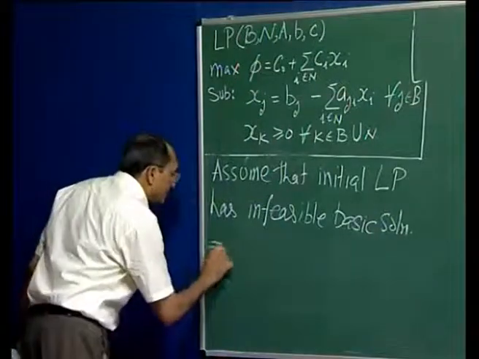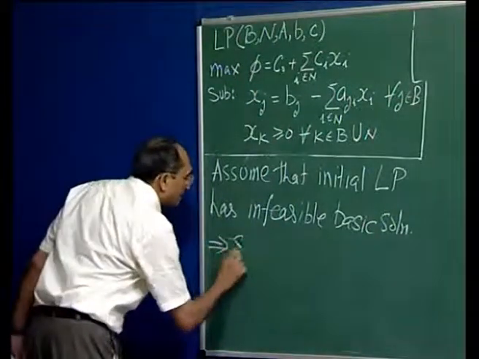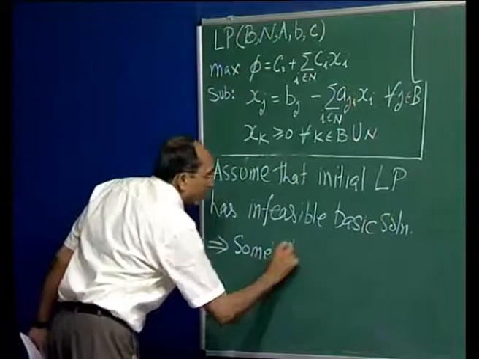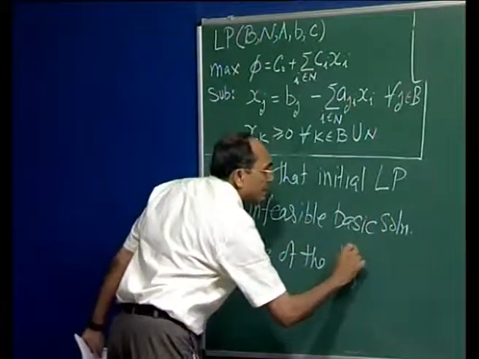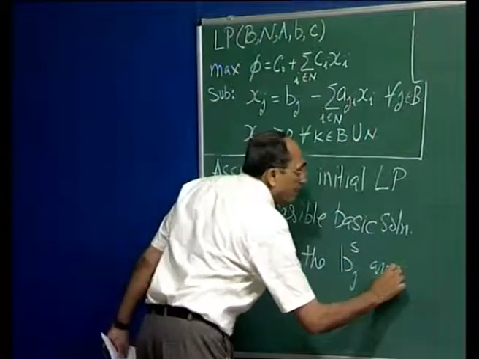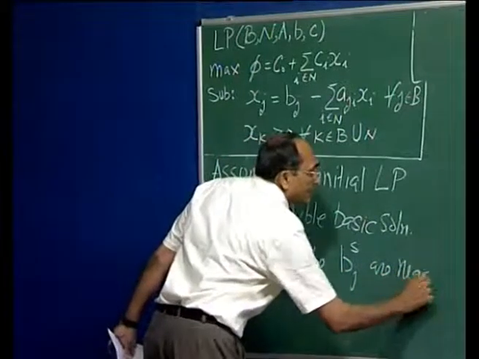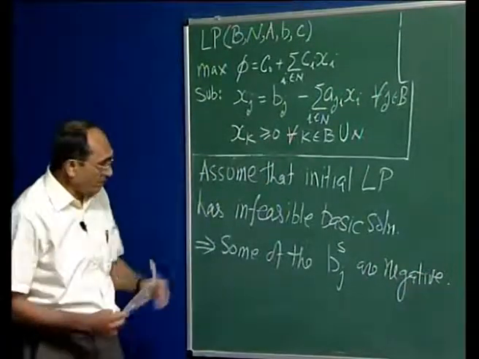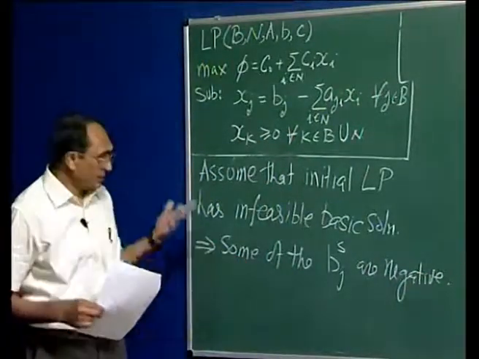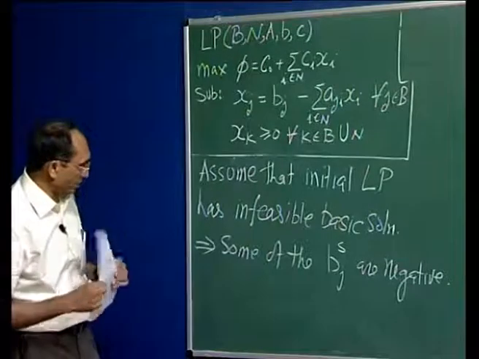That simply means that some of the bj's are negative, because if all bj's were positive, then we have a feasible basic solution.